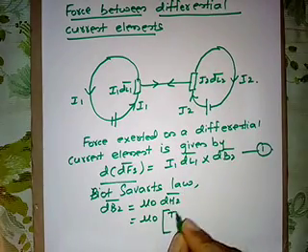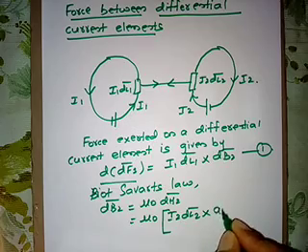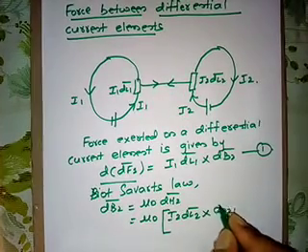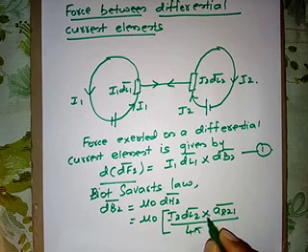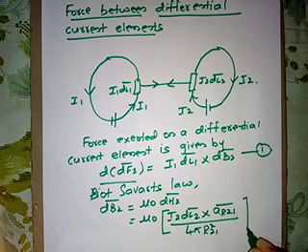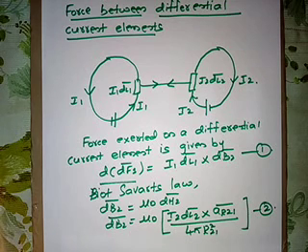So it is I2 dL2 bar, the second current element, multiplied by the vector aR21 bar, divided by 4 pi R21 square. Take it as equation 2. This is dB2 bar. The equation for magnetic field intensity is the current element multiplied by the vector, divided by 4 pi into distance square.